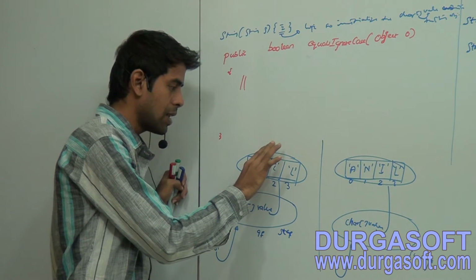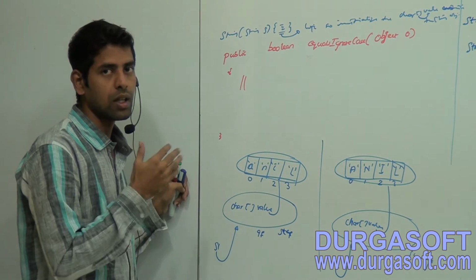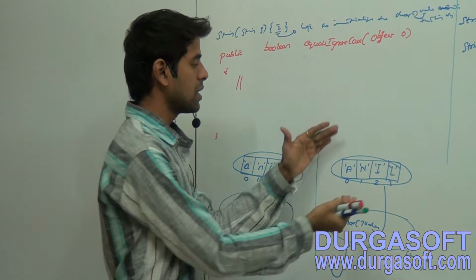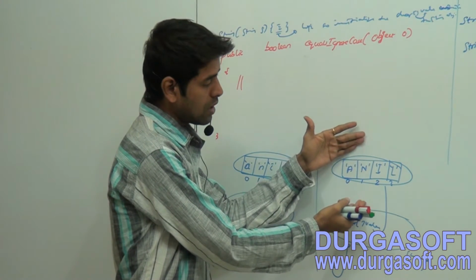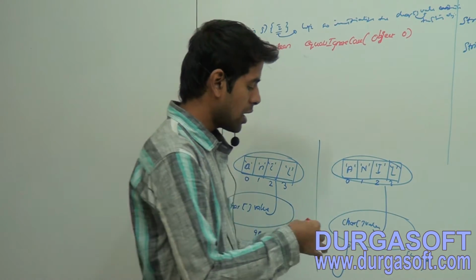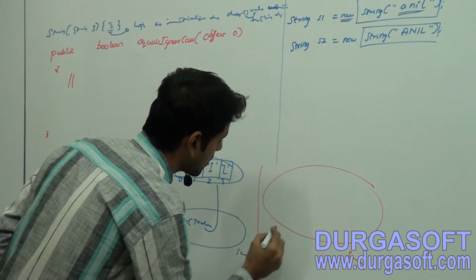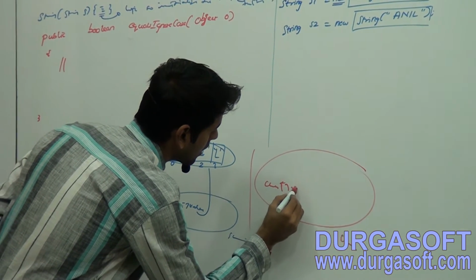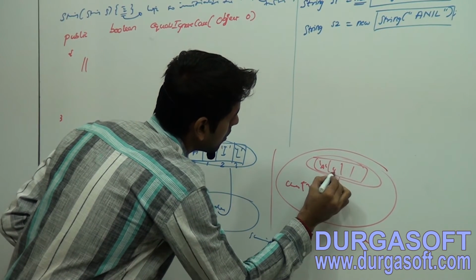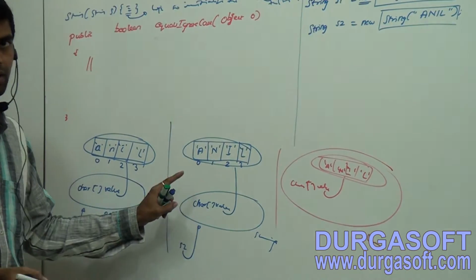So this can be spelled as the data of this string object. Strictly, I want to write this object in this way, friends: a string with char array value. But I don't have space, that's why I am going in this manner. Observe.